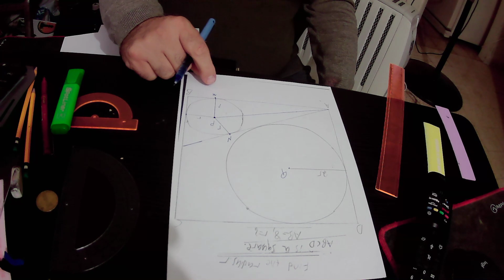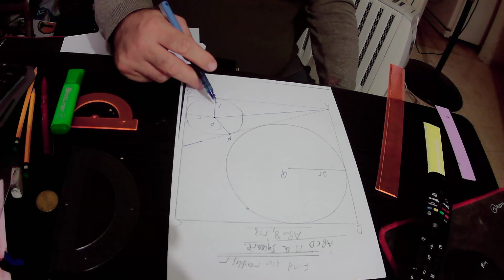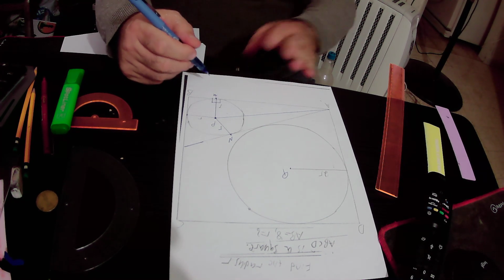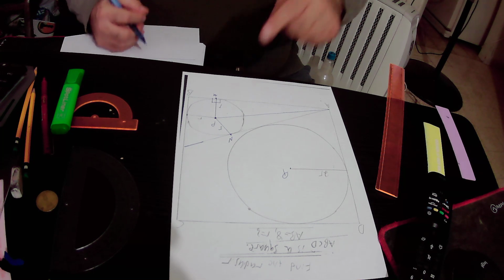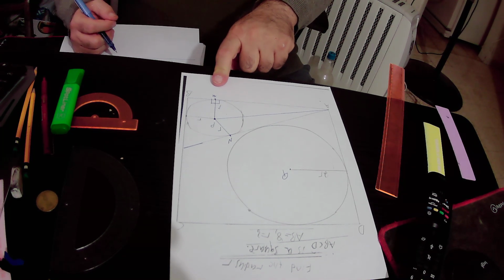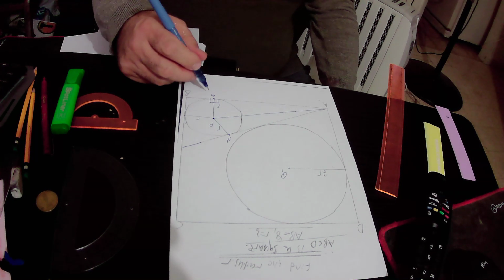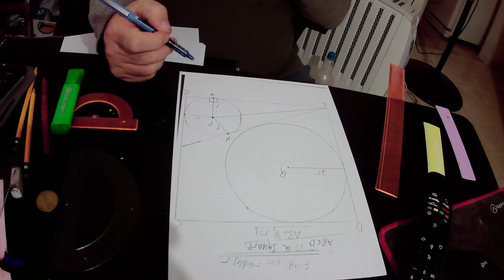The point of tangency of tangent AB is at point M. So at point M, the tangent to the circle is perpendicular to this radius, that is to say, this angle equals 90 degrees, and this angle also equals 90 degrees, because a tangent to a circle is perpendicular to the radius at the point of tangency, and the point of tangency is actually point M. So at point M, this angle is 90 degrees and this angle is 90 degrees.